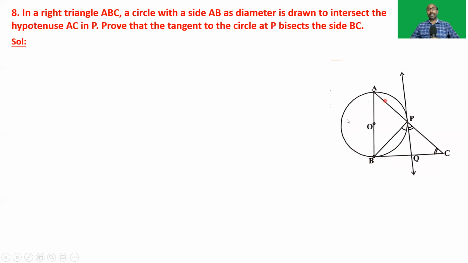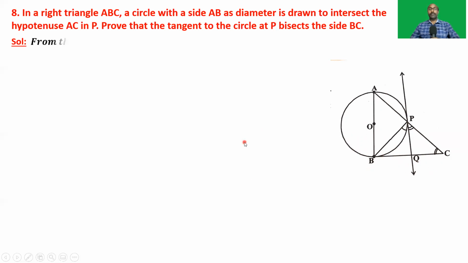In this circle, AB is the diameter of the circle, drawn intersecting the hypotenuse AC in P. Now, we have to prove that the tangent PQ bisects BC. That is, we have to prove BQ is equal to CQ.